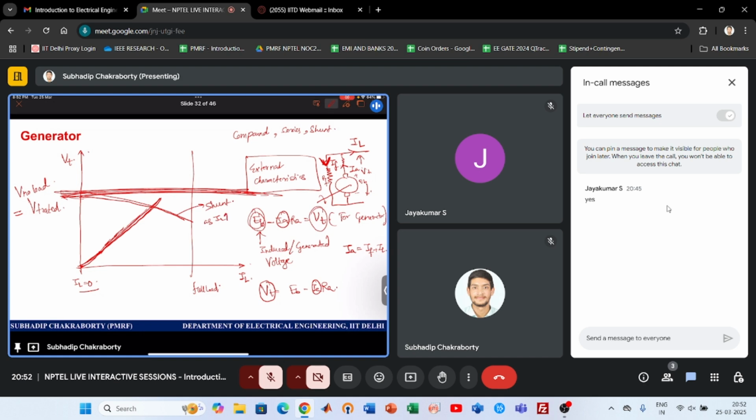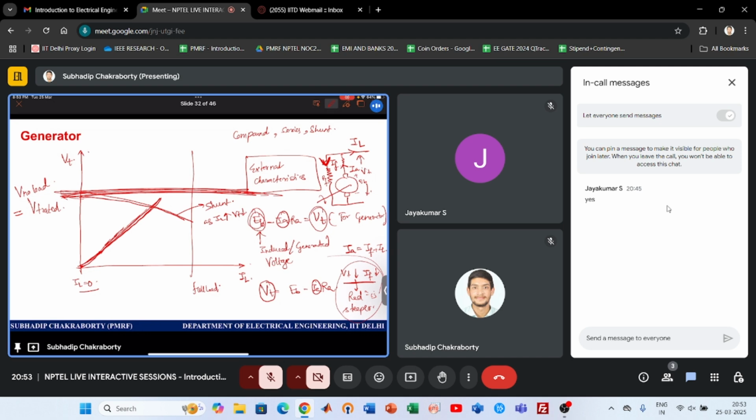So as IL increases, VT reduces. But you need to understand, for a shunt machine, if VT reduces, field also reduces. So the reduction is steeper.